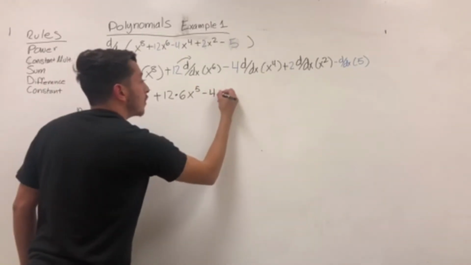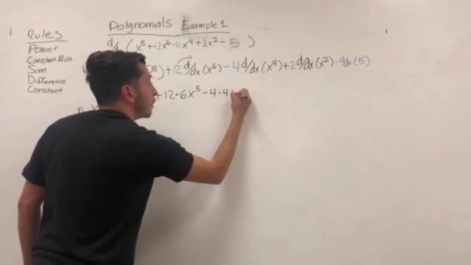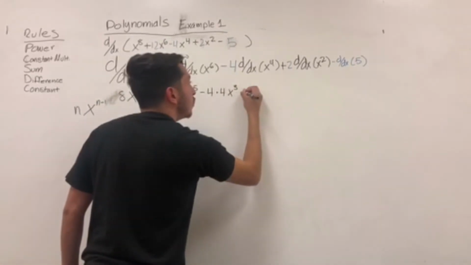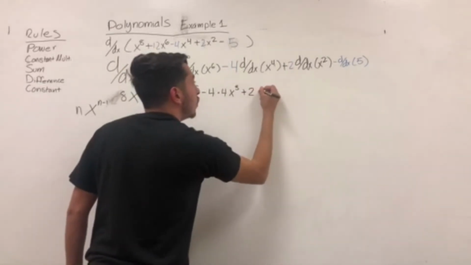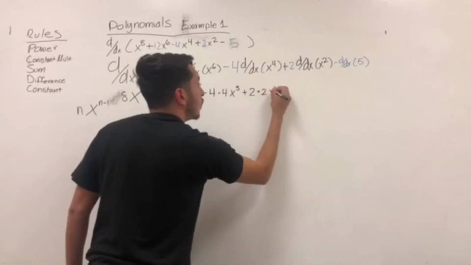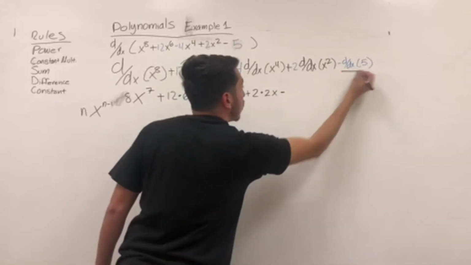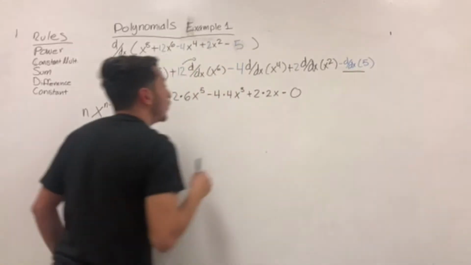We're going to do the same thing for this one. Bring down the 4, it's going to be 4 minus 1, which is 3, 2 times 2, x to the 1st power. And remember, when it's a constant, it just goes to 0.